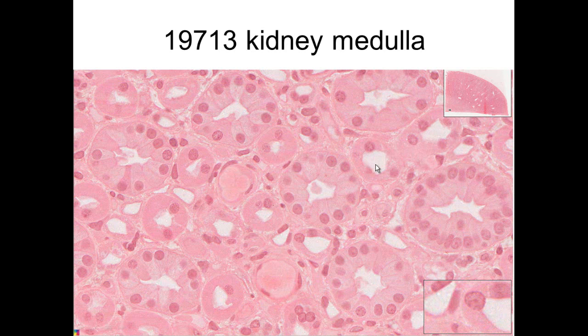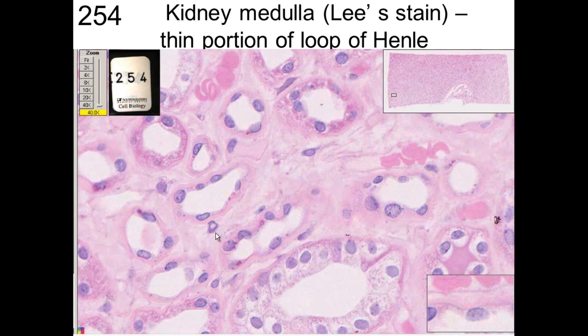Maybe this is one in through here. It certainly is easier to see. If this is distal tubule, then that may be another transition from loop of Henle to the distal tubule. But you don't really see that much of the thin portion of loop of Henle in the cortex, but you do in the medulla. So that's what we're seeing here, is a thin portion of the loop of Henle.